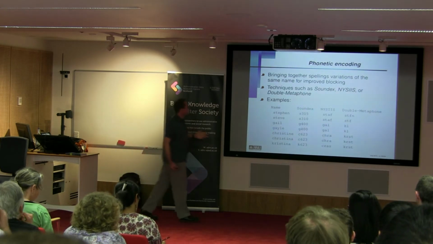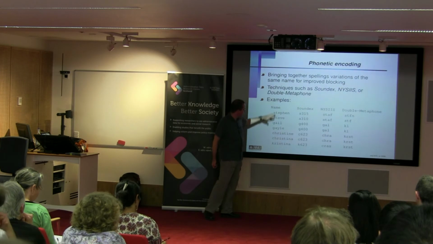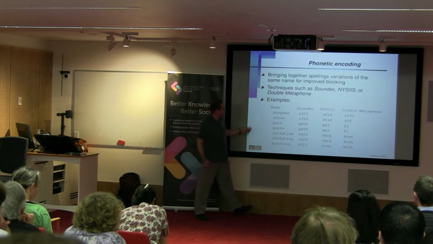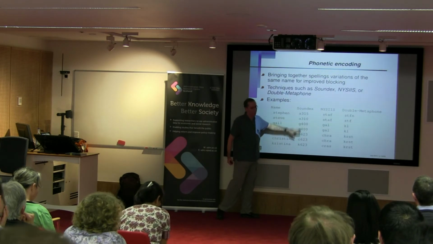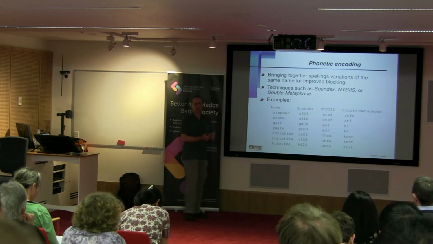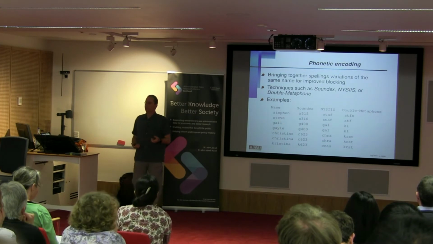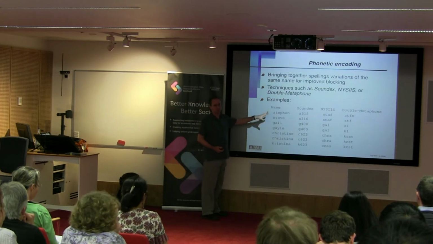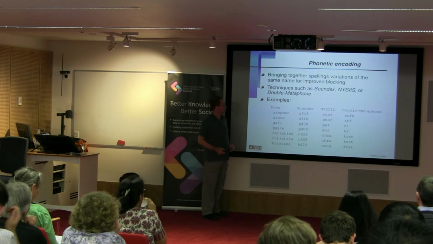So what they basically do is, here's a set of examples. You have input names, you apply these phonetic encoding functions, and out comes a code which groups similar sounding values together. You can download free implementations for all these phonetic encodings from online repositories.